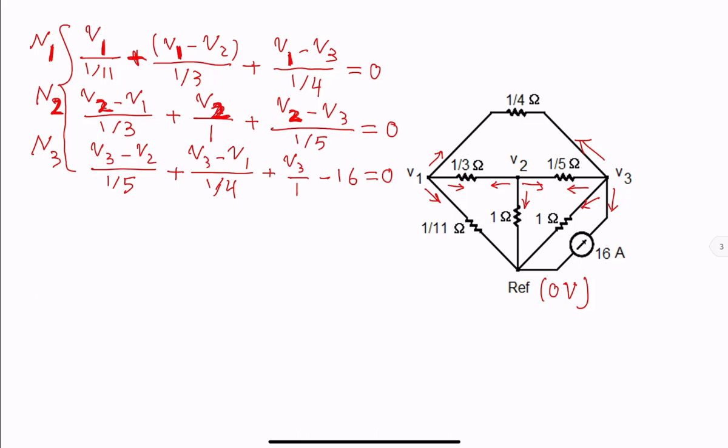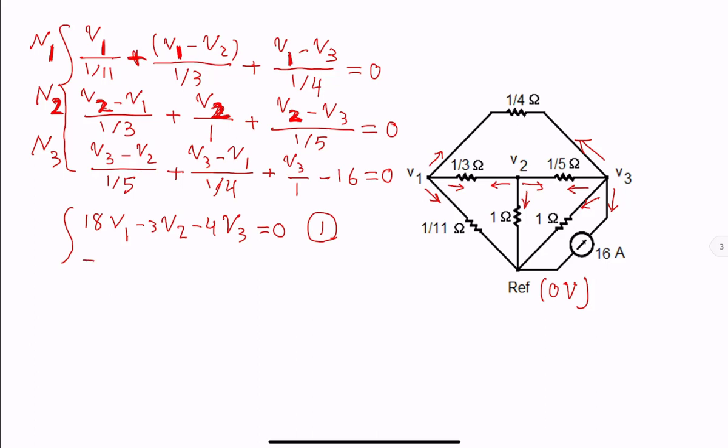3 equations and 3 unknowns. Let's simplify these. So we end up getting 18V1 minus 3V2 minus 4V3 equal to 0. Let's call this equation 1.